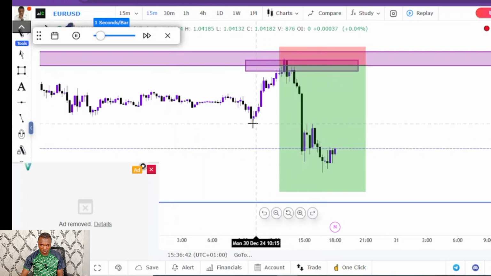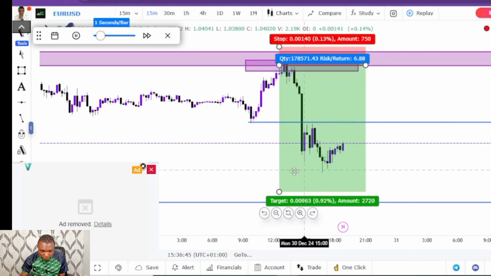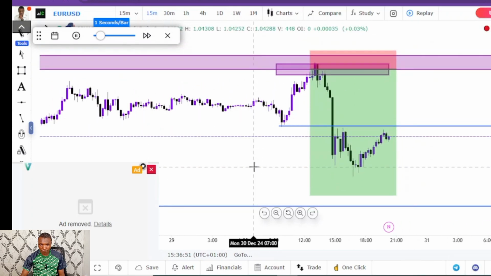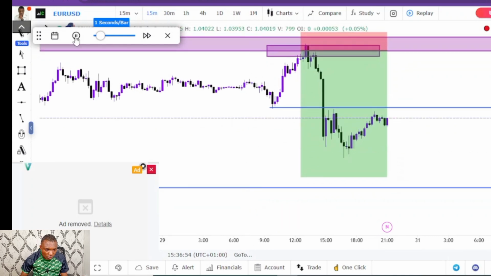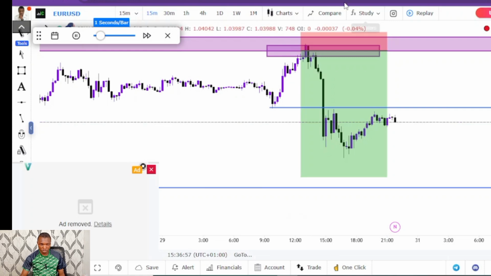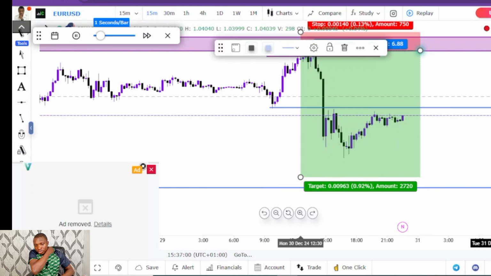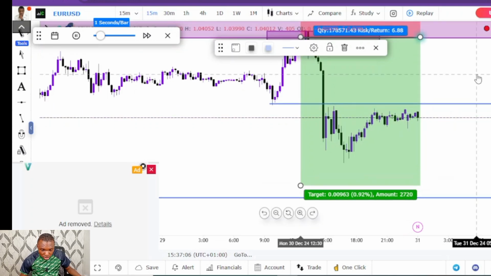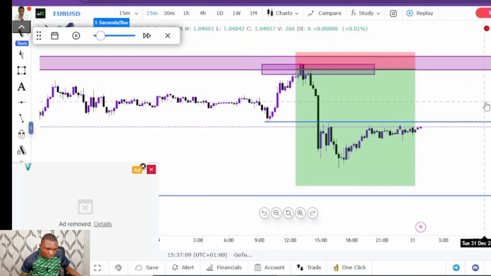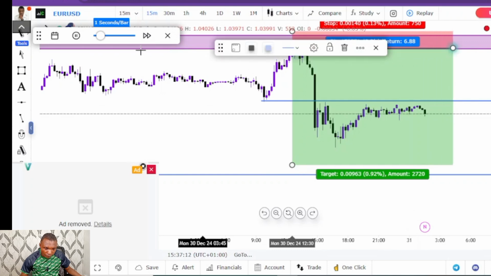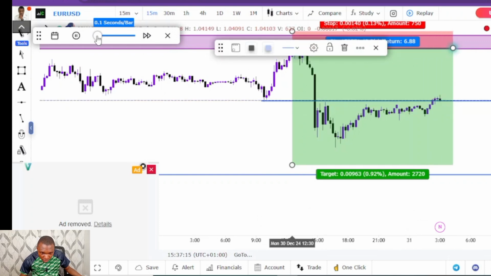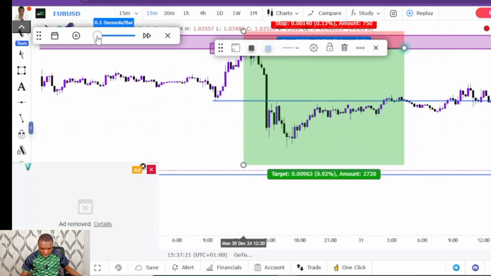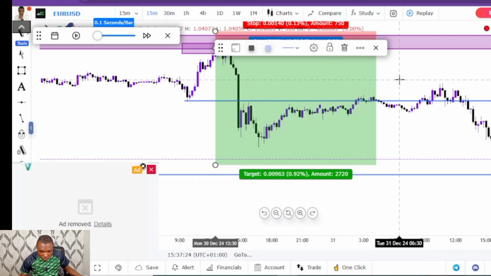Let's see how this plays out. So you can see that if you like, you can take your first profit here, and then target after that, this as a first take profit.